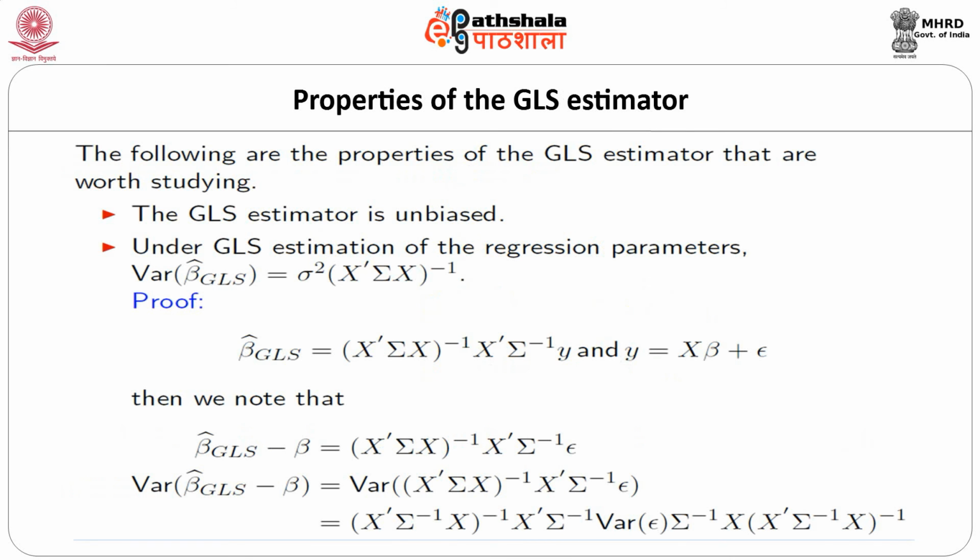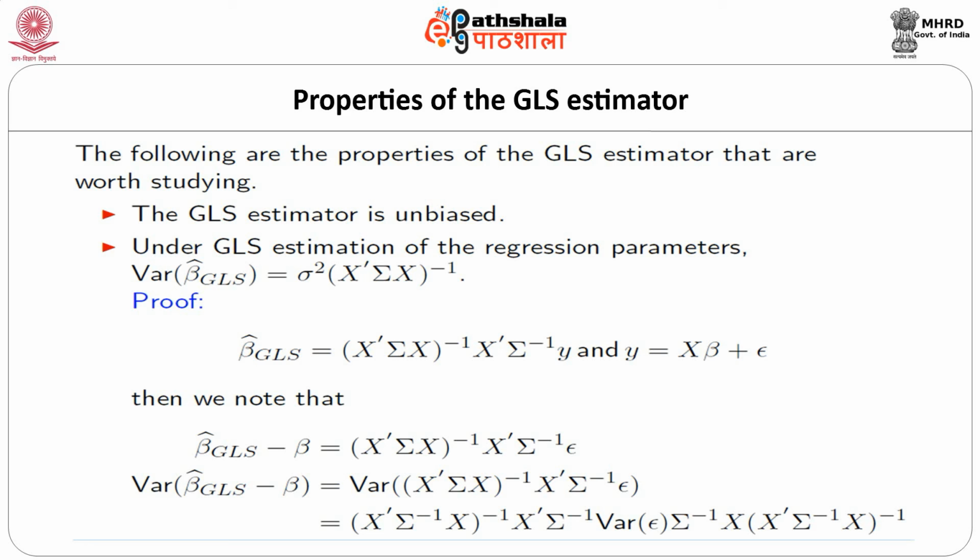Now, here are the properties of GLS that are worth looking at. The first of which is that the GLS estimator is unbiased. Well, so is OLS, but under violation of linear model assumptions, OLS is not as efficient as GLS.